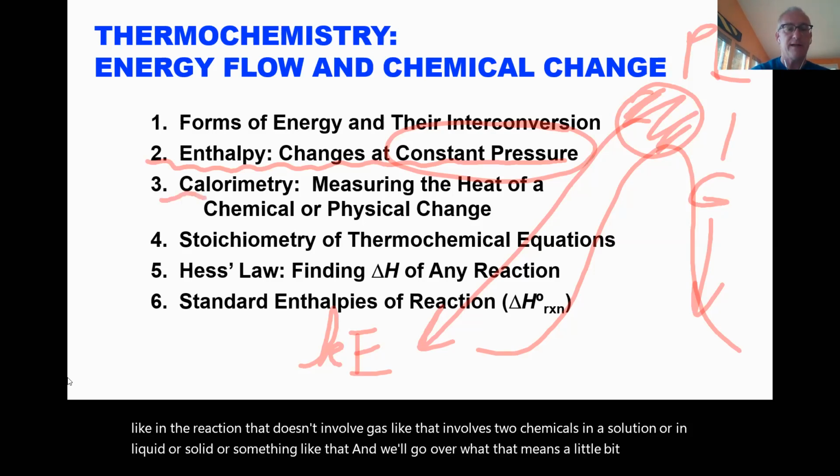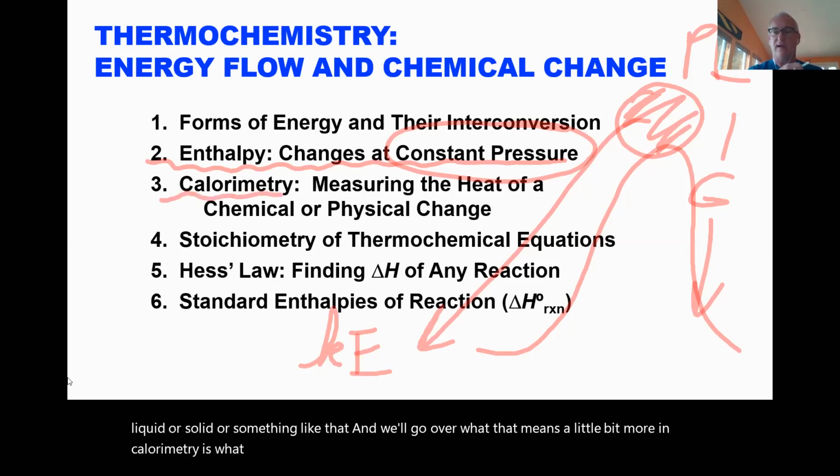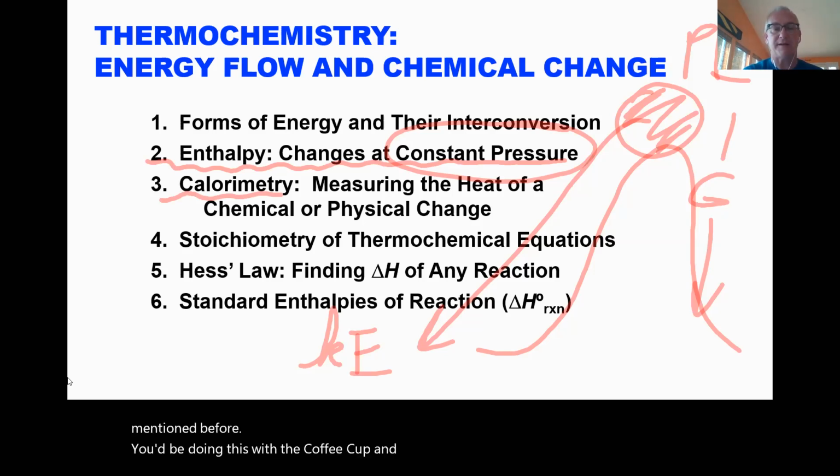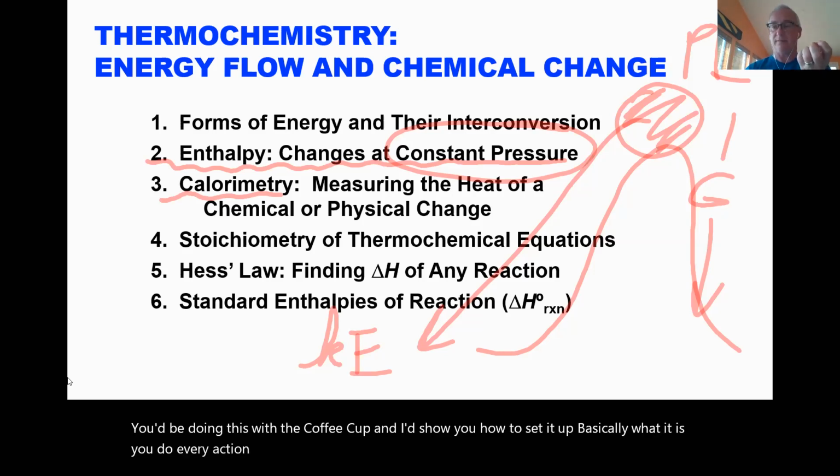And calorimetry is what we're actually going to be doing in the lab. If we were in real life, as we've mentioned before, you'd be doing this with a coffee cup, and I'd show you how to set it up. Basically, you do a reaction inside a vessel that contains water.